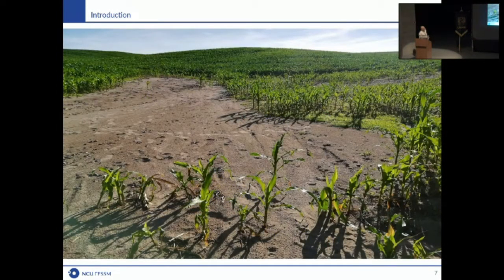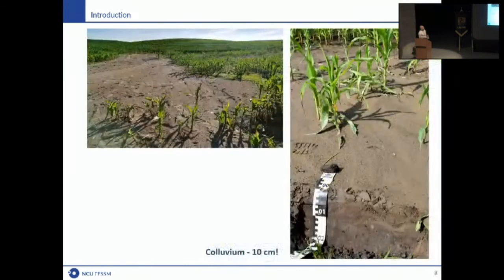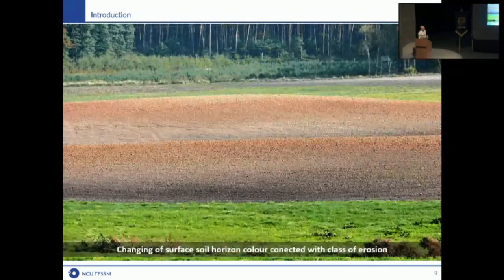This photo, for example, was taken 3 or 4 years ago after just one of the rains that we had in Poland, and this one was last year. It was just one night with heavy rain, and you can see that we have 10 centimeters of fresh colluvium which came down the slope, especially now with these corn plantations, very rapidly. So it's just to show you that we have a lot of problems with soil erosion.